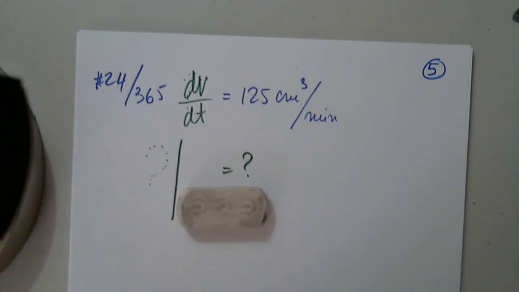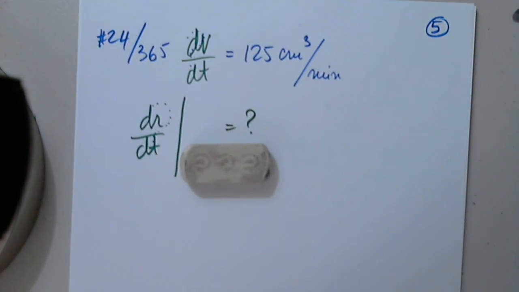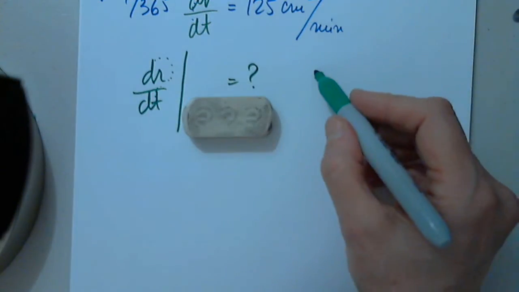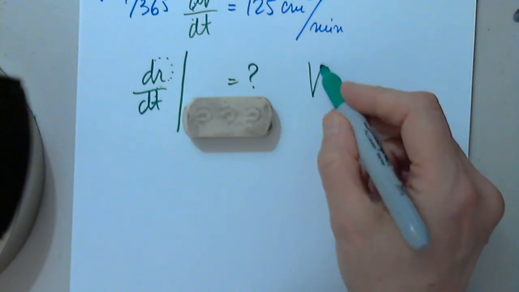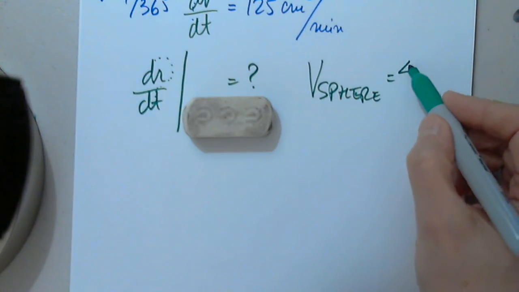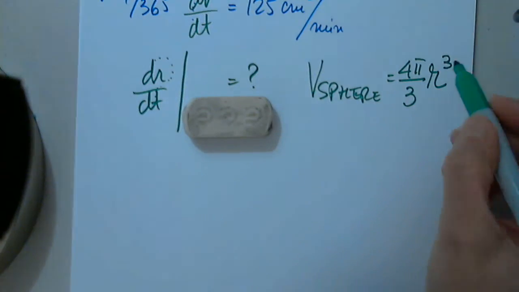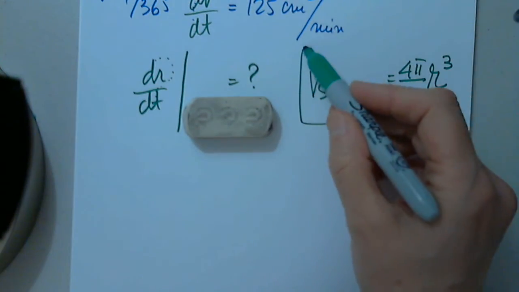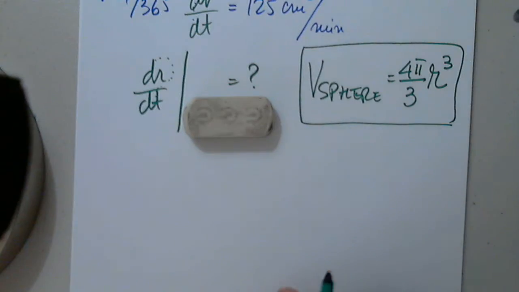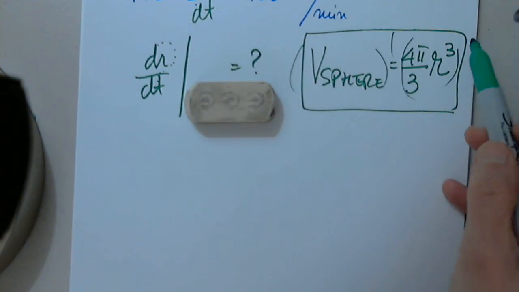Would it be dr over dt? Brilliant. Thank you very much. Good. So I mentioned that we have to start with the volume of a sphere, which is 4 pi divided by 3 times r cubed. So this is our starting point. And yes, we differentiate the left-hand side, we differentiate the right-hand side.